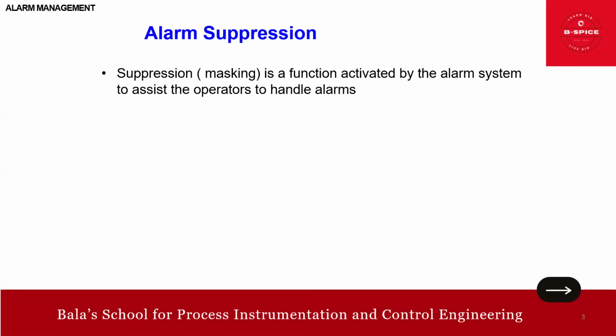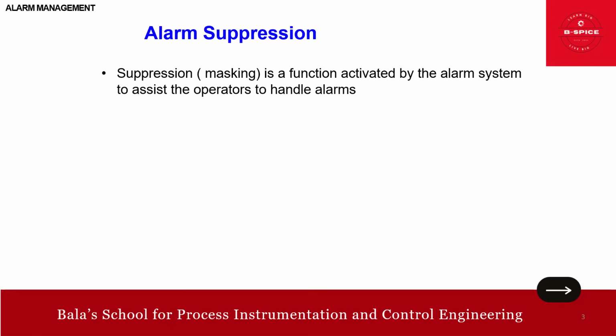What is suppression? Suppression is nothing but masking, a function activated by the alarm system to assist the operators to handle alarms. As simple as that. Why are we doing suppression? It can reduce standing alarms from processes or equipment that is shut down or from a process in an abnormal condition.